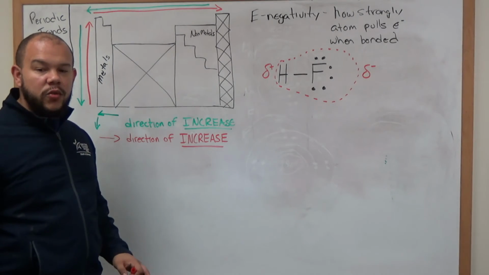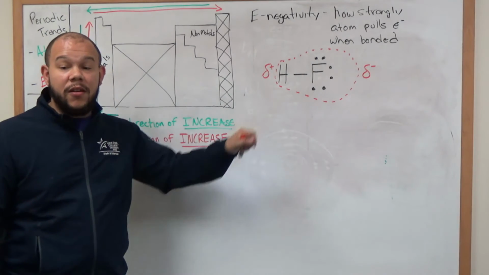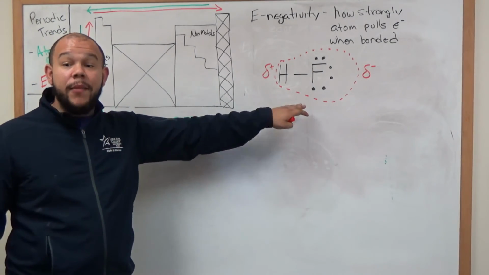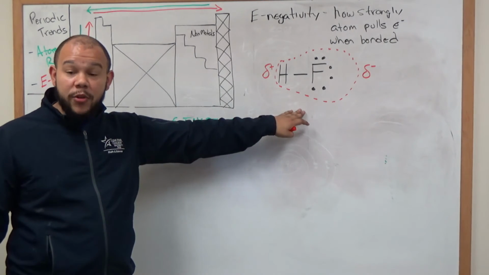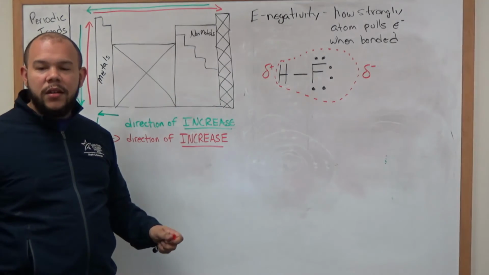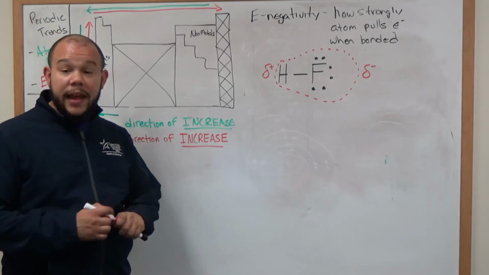And that is due to electronegativity difference. So this is how it manifests itself. Again, check the videos on polarity and molecular geometry, and those videos are going to utilize these trends to show you how they impact chemicals' polarity and their behavior.